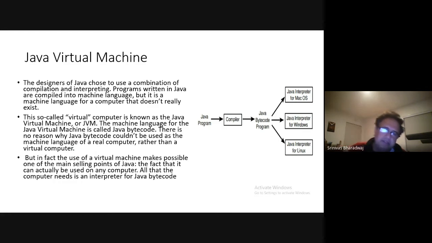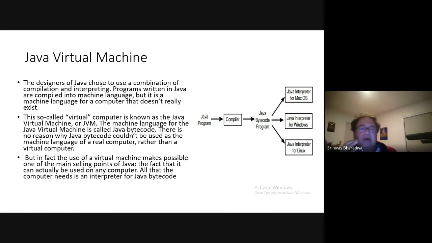This Java bytecode program, or .class file, is then run by a virtual computer known as the Java virtual machine. The Java virtual machine interprets the bytecode program and can run it in any computer. The same Java bytecode program can be run in any computer because there's a specific interpreter for each of those computers.